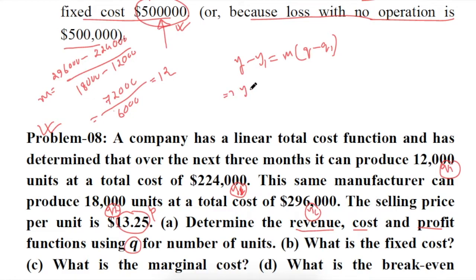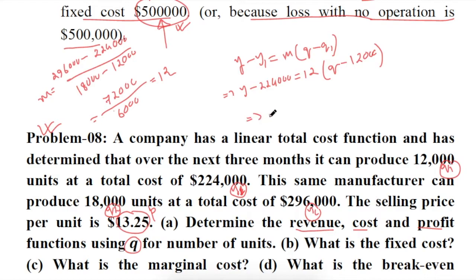Therefore y minus y1, which is 224,000, equals 12 into q minus q1, and q1 means 12,000.